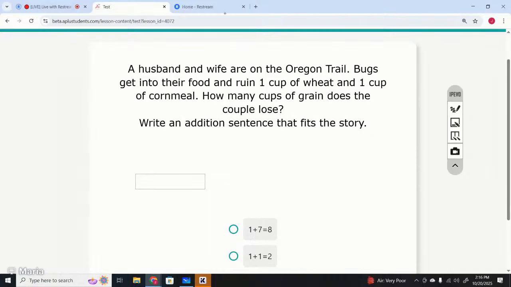A husband and wife are on the Oregon Trail. Bugs get into their food and ruin 1 cup of wheat and 1 cup of cornmeal.